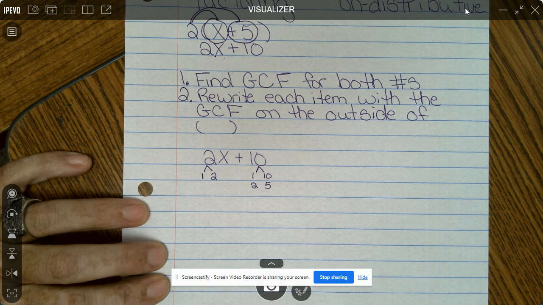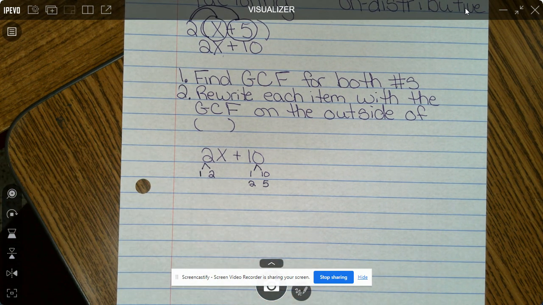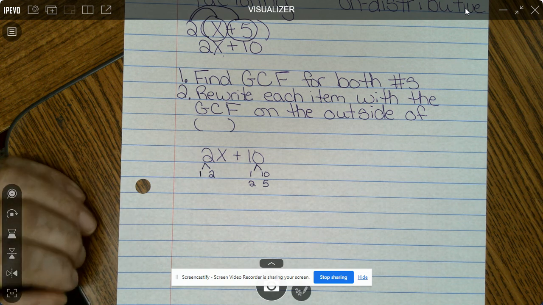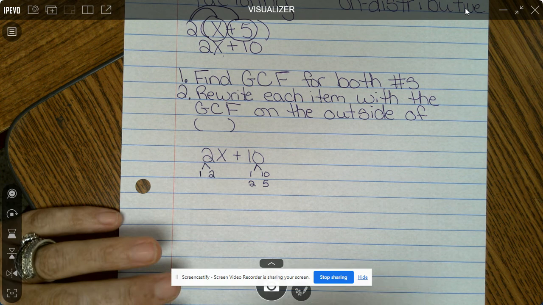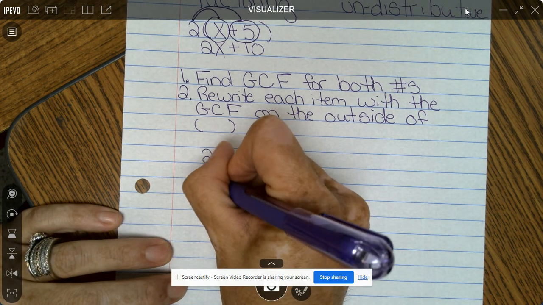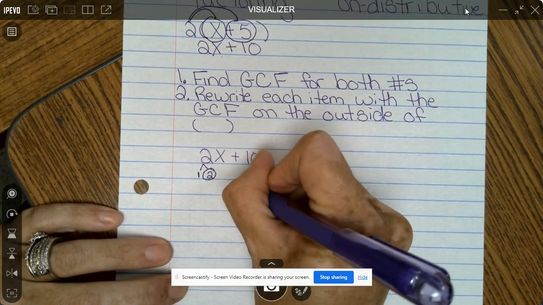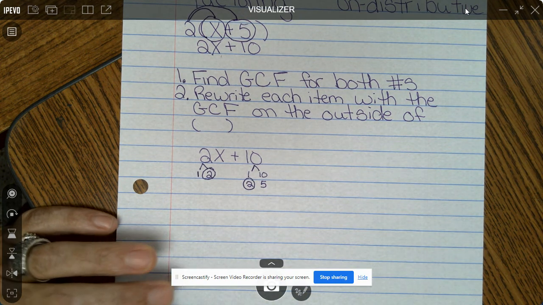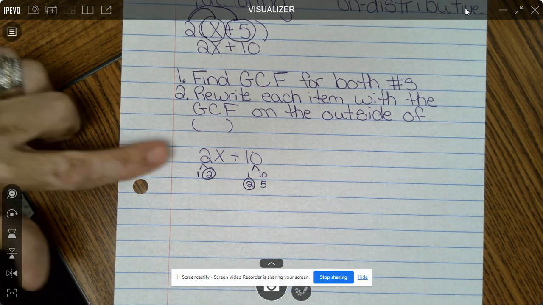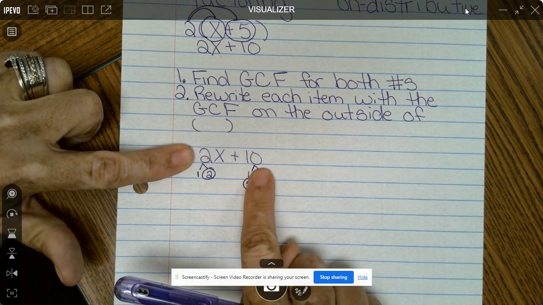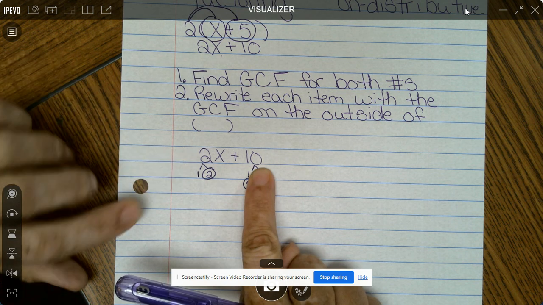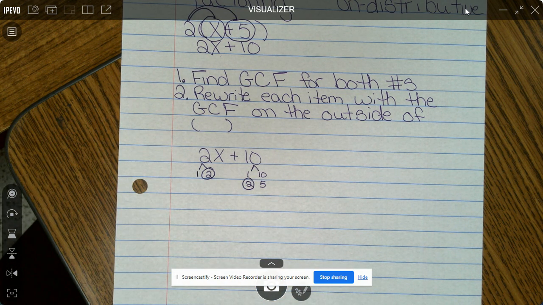So you're going to ask, what is the largest number that can go into both of them? Are you understanding this so far? You should have been taught this a long time ago. So 2 is the largest number that goes into both 2 and 10. Are you seeing how I'm working backwards right now?